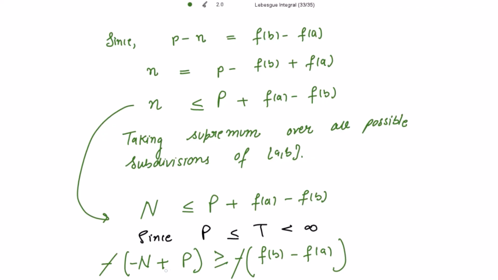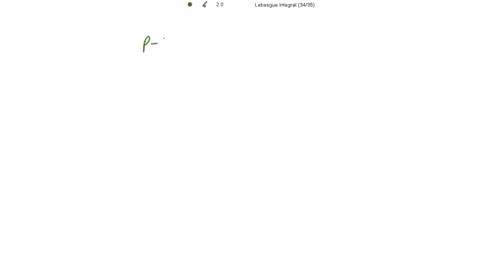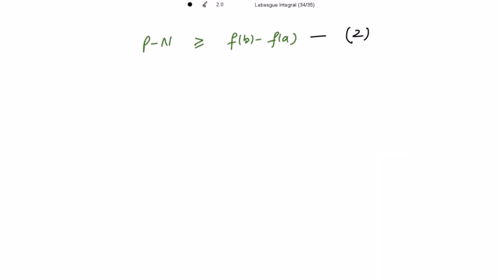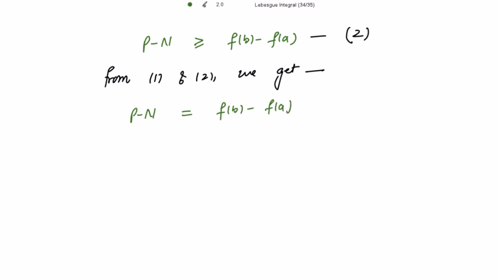We get P minus N greater than or equal to f(b) minus f(a). Marking this as 2. So from 1 and 2 we get P minus N equal to f(b) minus f(a).